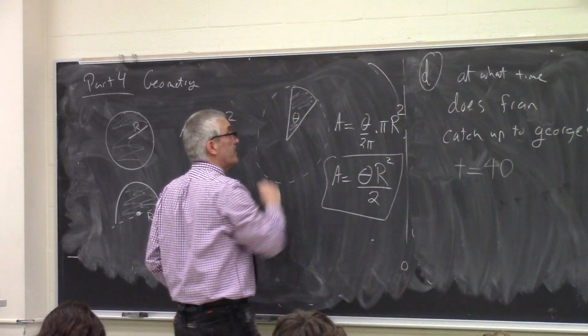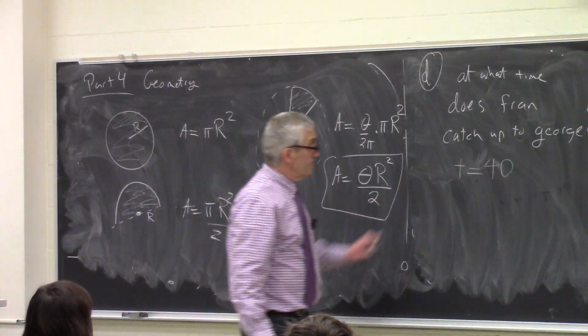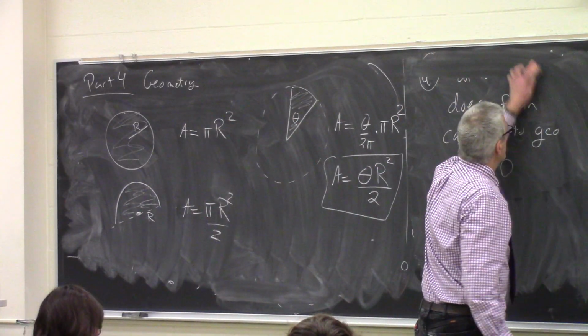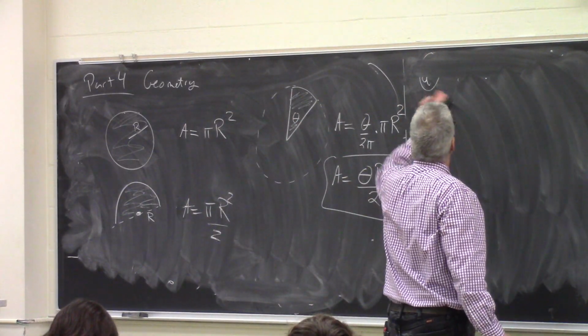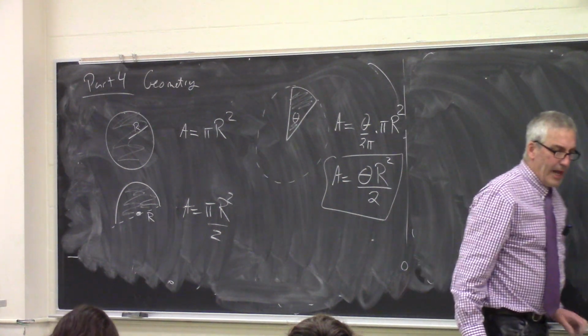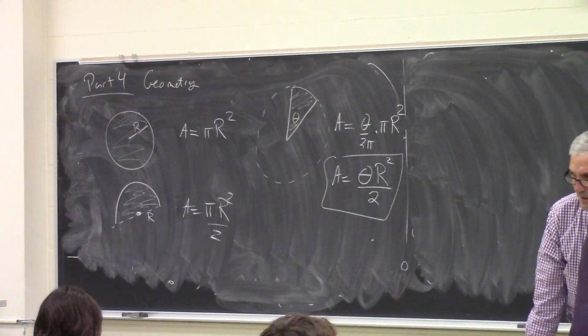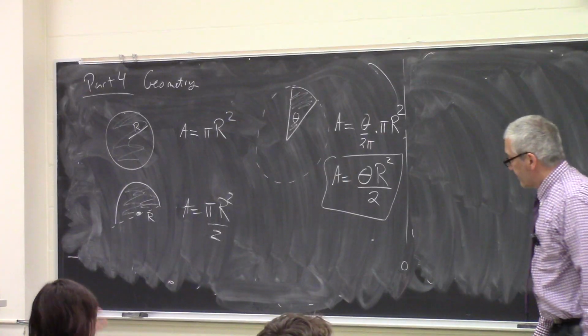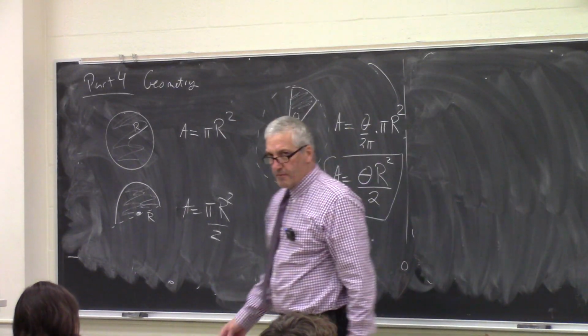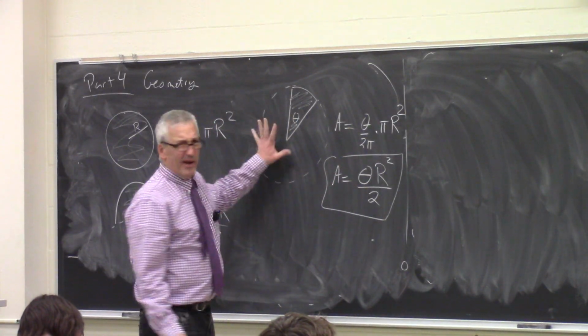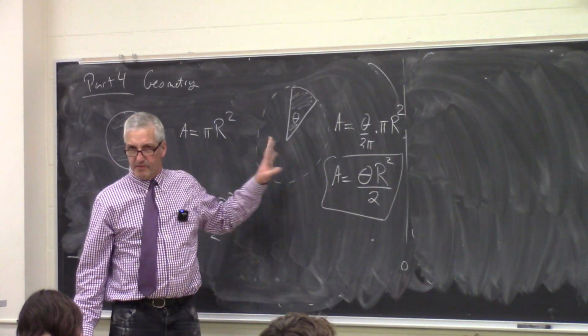So that's the area of an ice cream cone. Now, your book, I could swear that at some point in this semester, we had to figure this out. Or was it last semester in Calc 1?